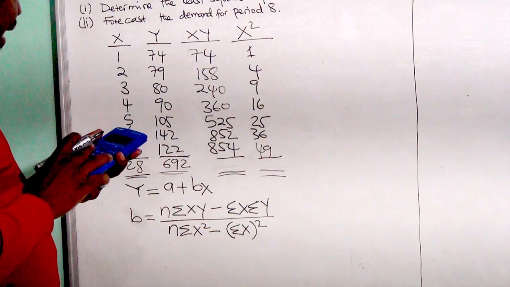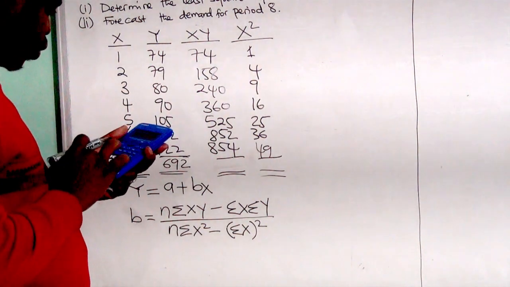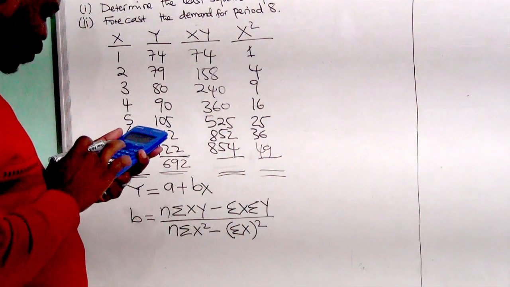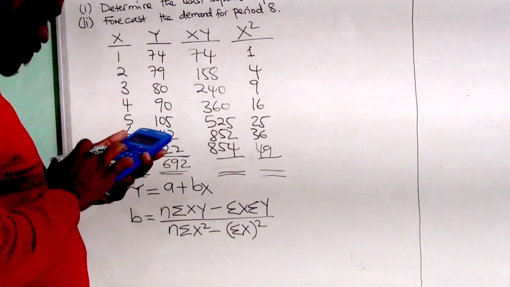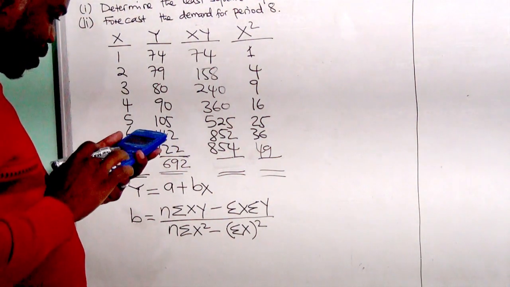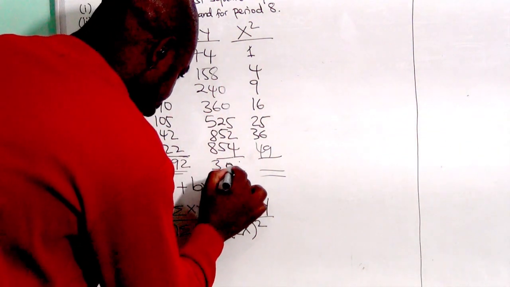Then 74 plus 158 plus 240 plus 360 plus 525 plus 852 plus 854, I get 3063.